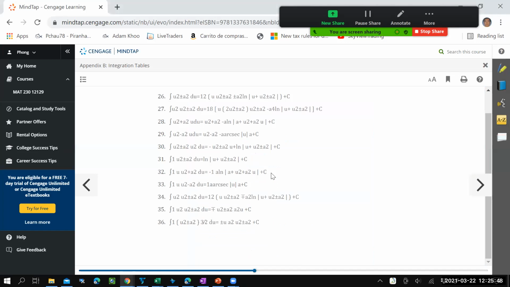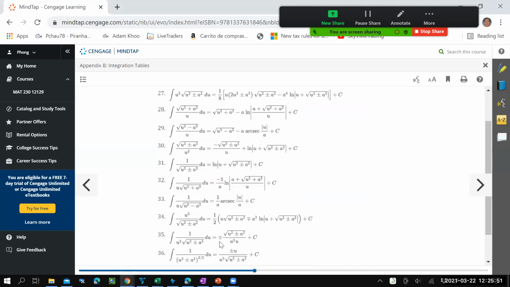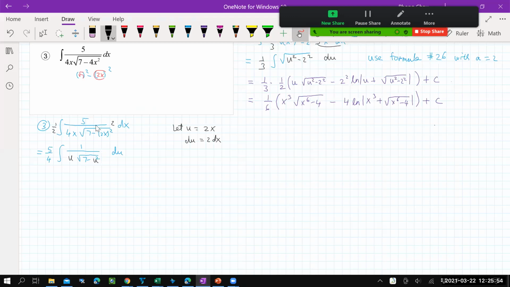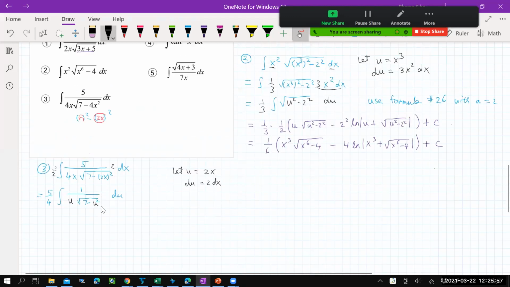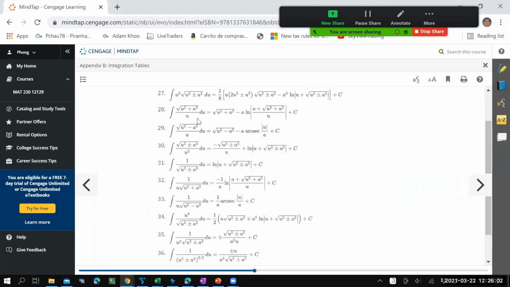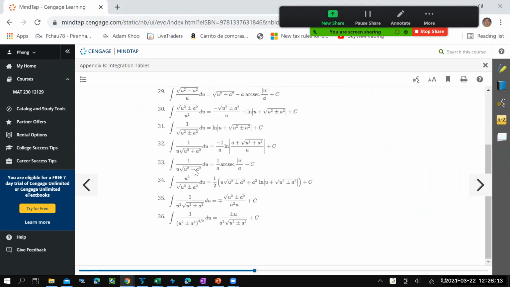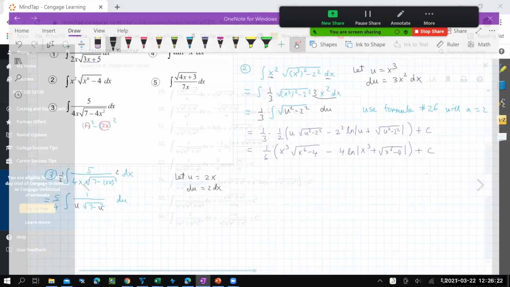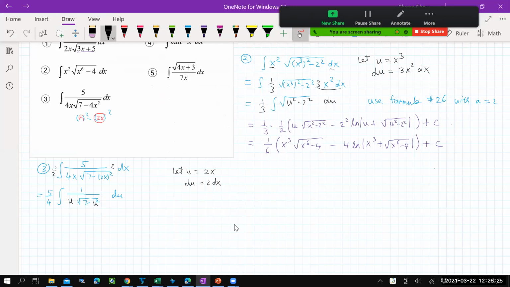So click on that one. And which one? Okay, we want the one that's in the denominator, and then there's a variable outside. So square root, square root, this one in denominator, that one in denominator, but this is the sum. I think we can put the difference of squares, so that is the one, number 33, right? u squared minus a squared. Again, you see we have a variable outside. So it looks like we're using the formula number 33, right?